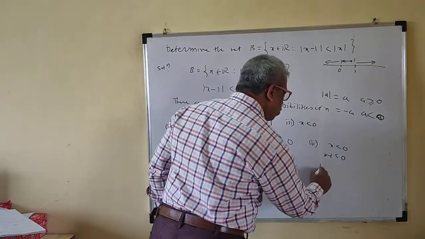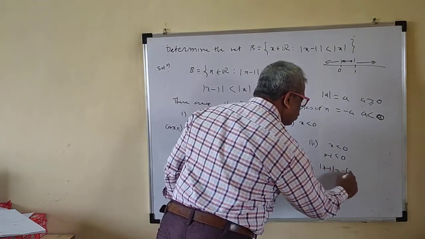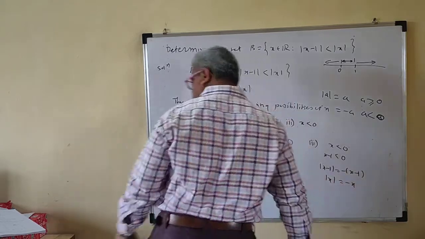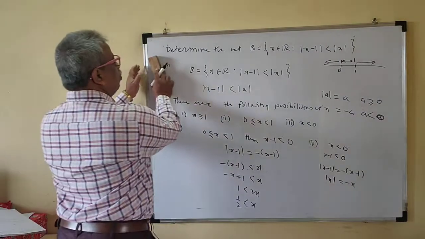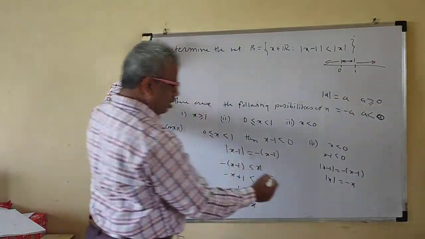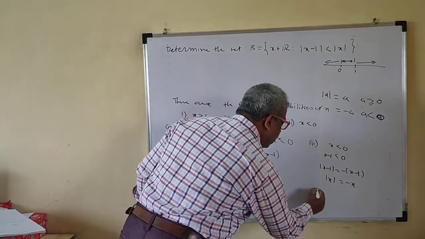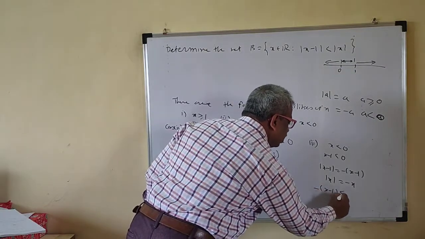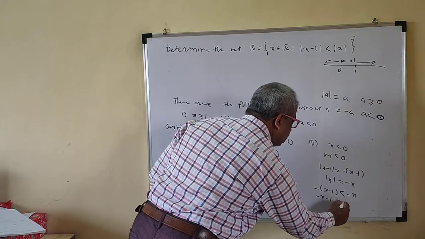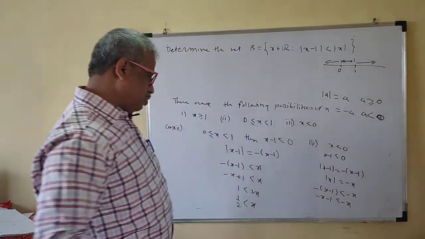That means mod of x minus 1 is minus of x minus 1, and mod of x is the same as minus x. So now we write this as minus of x minus 1 is less than minus x.